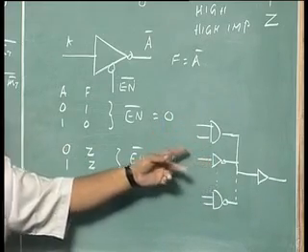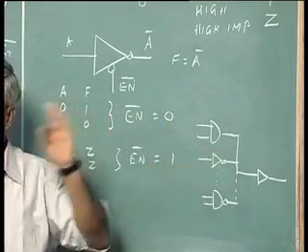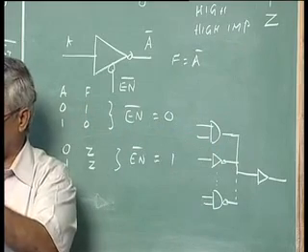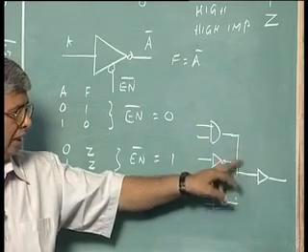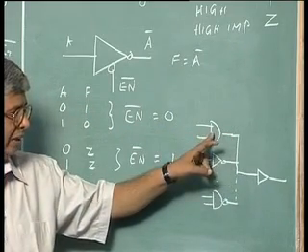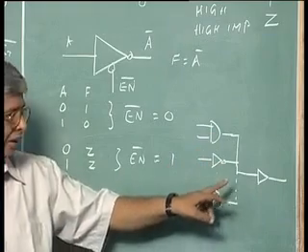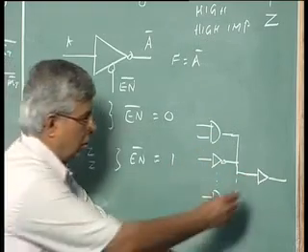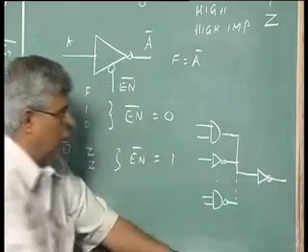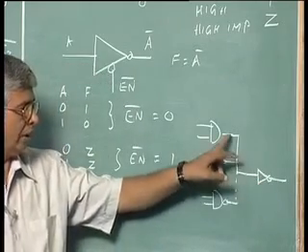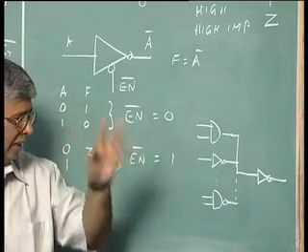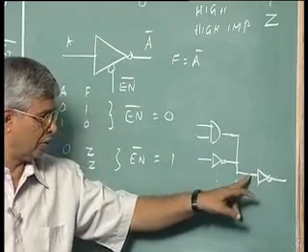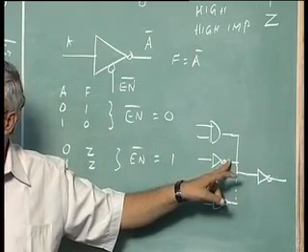At a given time I would like the output here to be determined by this gate only, and the others should not interfere. That means this output will be the inverse of this, and this should be this. At some other time I want this output to be the inverse of this one, which should be this.